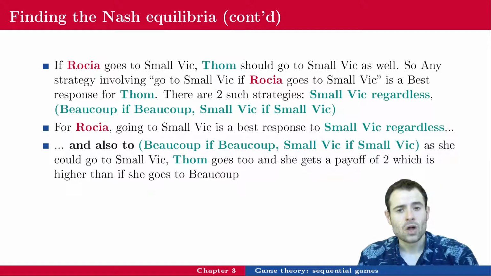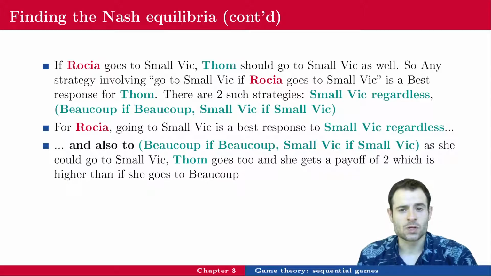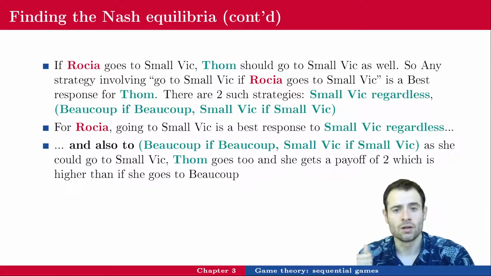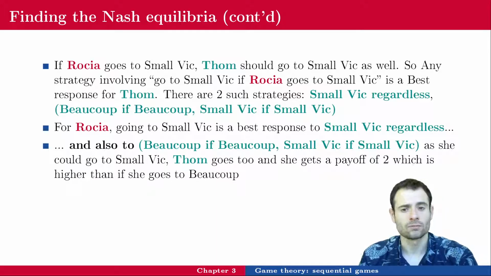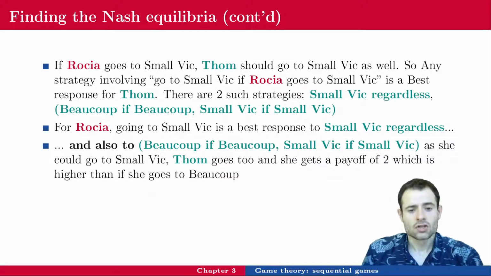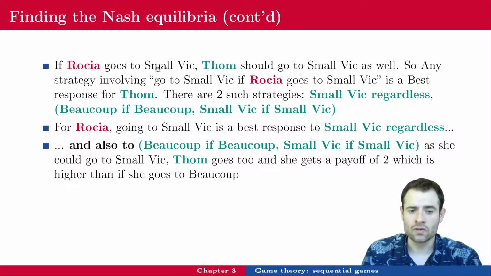Previously, going to Boku was not the best response because she could go to small victory. So, going to small victory is going to be the best response for her. So when Tom plays either of these strategies, Rosia wants to go to small victory.